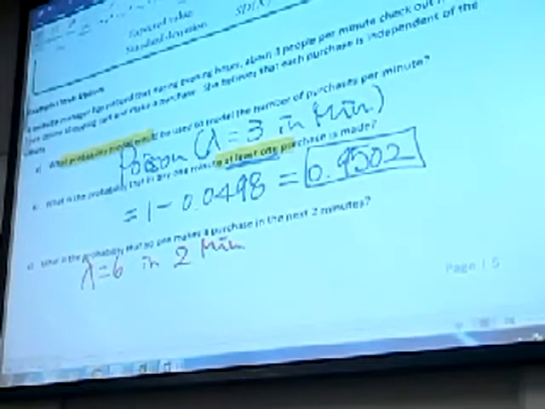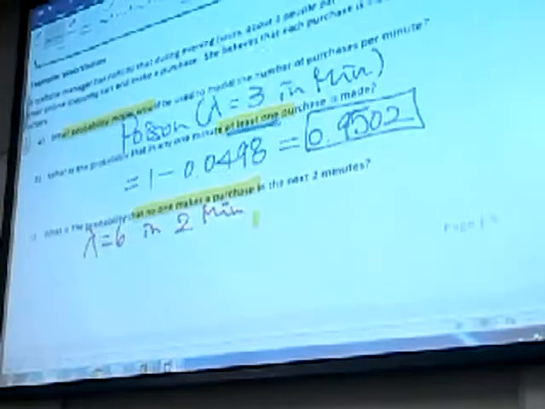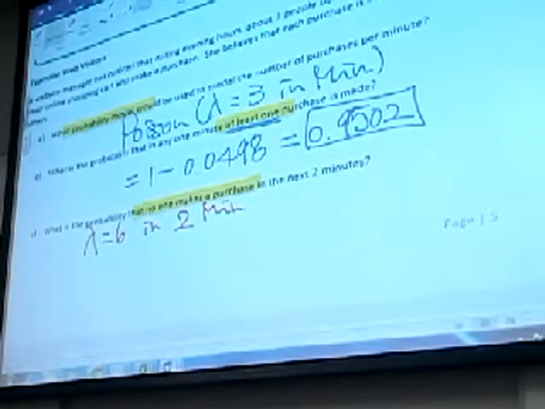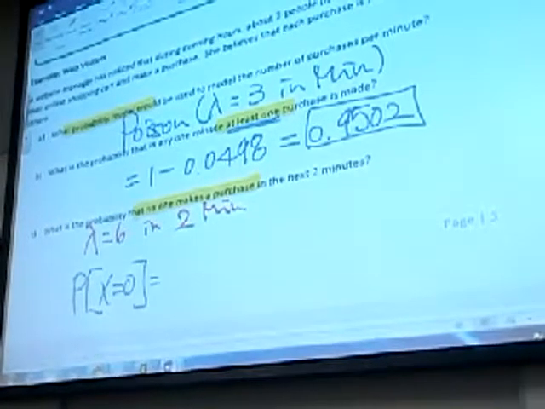And now we have to take the probability of no customer, x equals 0. Again, e to the negative lambda, now it is 6.